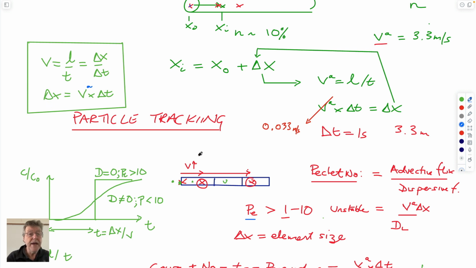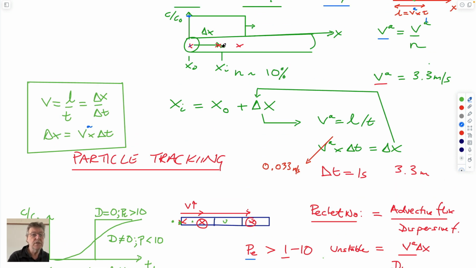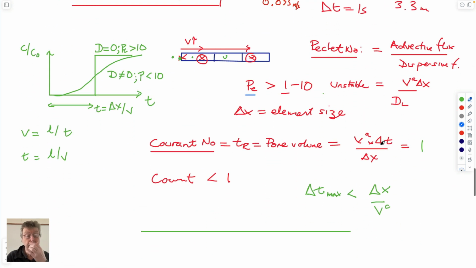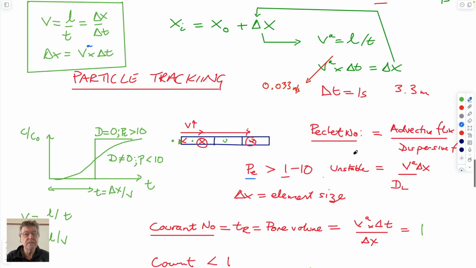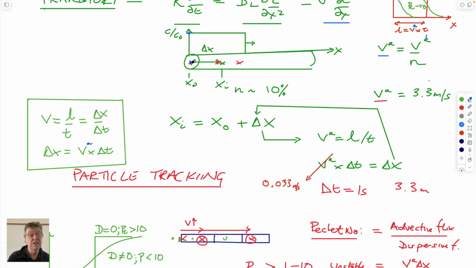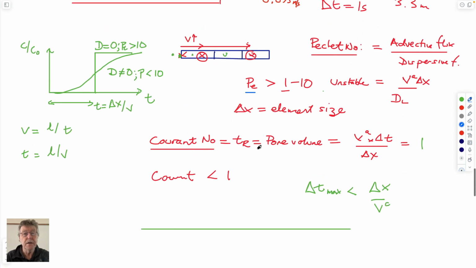So if you choose in your mesh that the distance between your buckets is smaller than delta x, then in one time step you'll have gone from upstream to a number of nodes downstream, and you'll never have been seen at this intermediate node, because you've gone directly downstream. So you want to take a time step small enough to guarantee that every particle released from upstream will spend some time at the bucket immediately downstream, not skip right over it, in which case you have no knowledge that it passed through here. So that's basically the idea of stability numbers.